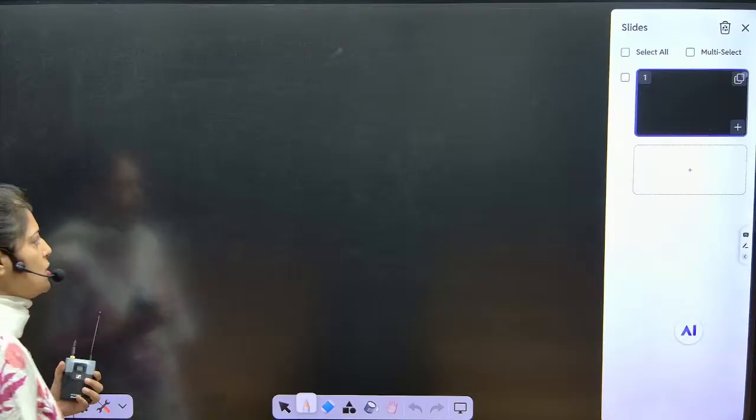So the question I am taking: matrix A is given, matrix B is given, matrix C is given to us. That is there in your materials also.